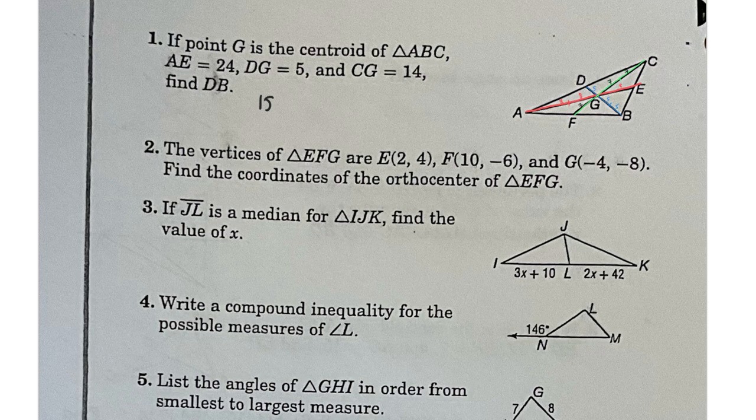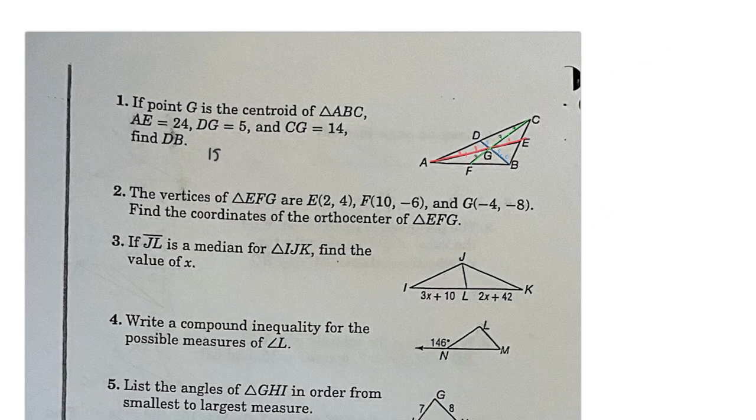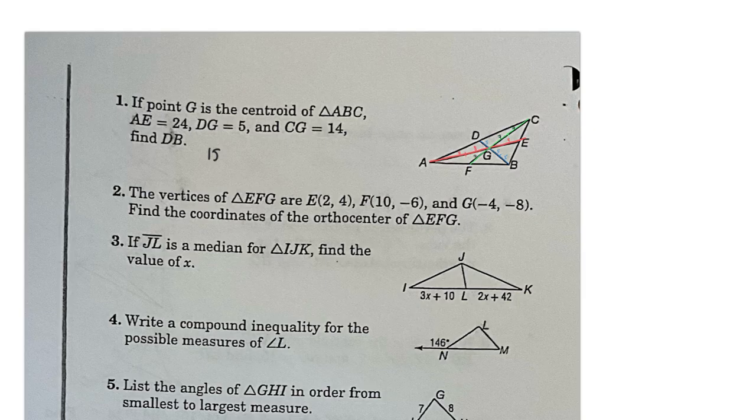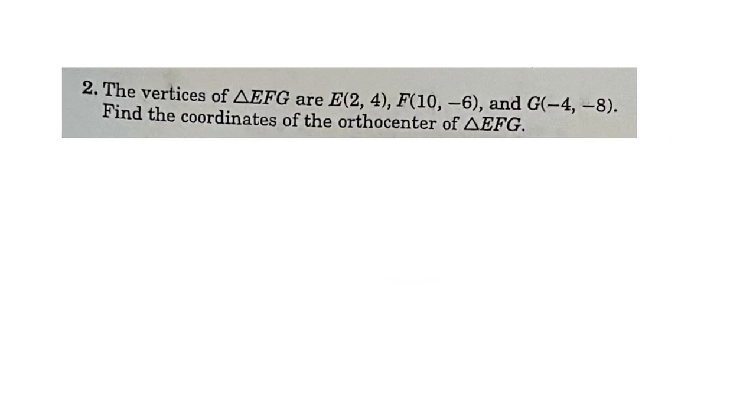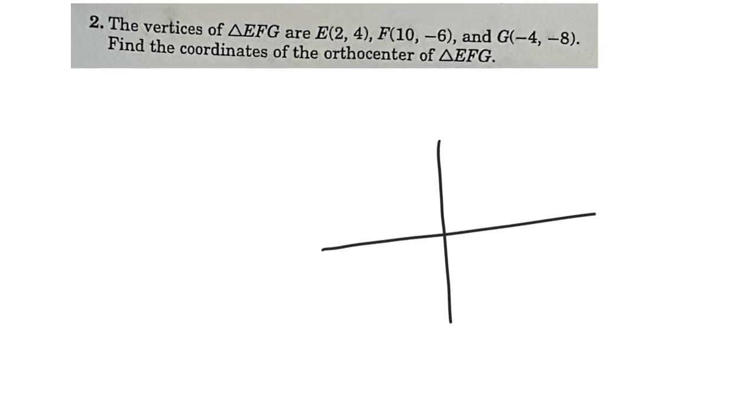Number two, the vertices are given; find the coordinates of the orthocenter. Yeah, I mean that's another one that's XY coordinate plane-ish. Let's look at it. We have a point at 2 comma 4, that's about here.